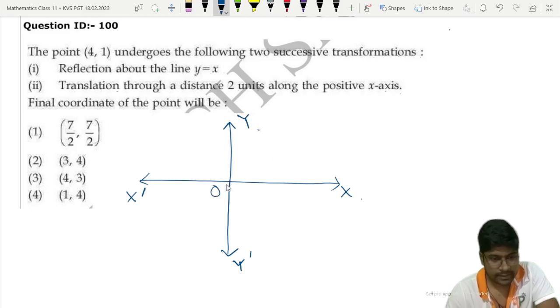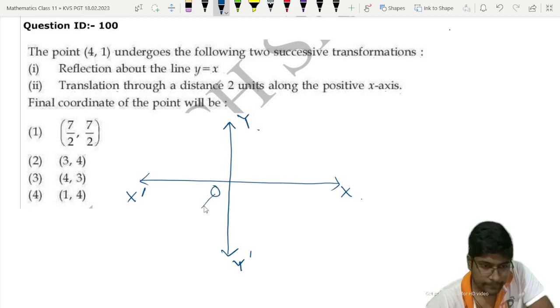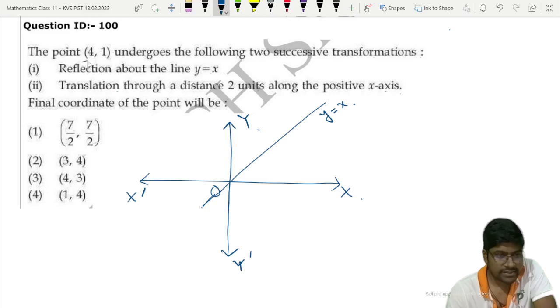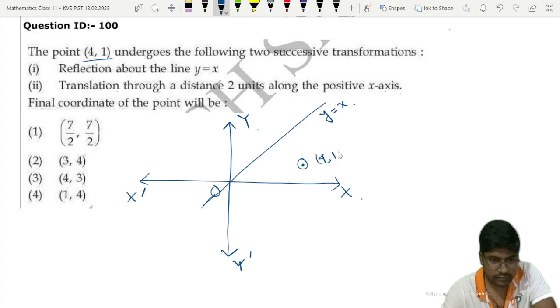This is the line y is equal to x, passing through the origin. The given point is 4 comma 1, so it will be somewhere like this.